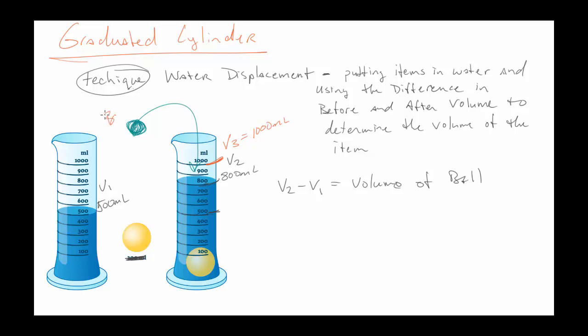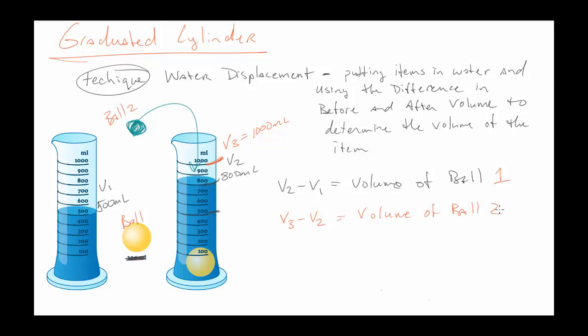We'll call this ball 2, and this is ball 1. If I just wanted the volume of ball 2, I would do volume 3 minus volume 2, because volume 2 is the before I put ball 2 in. And this would give us only the volume of ball 2.